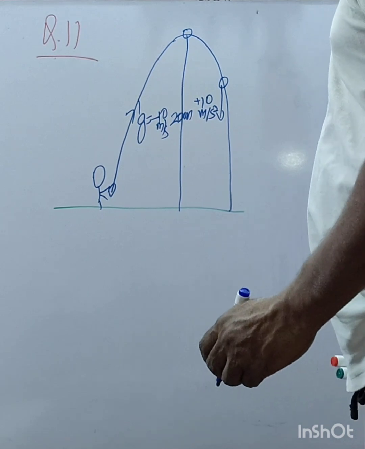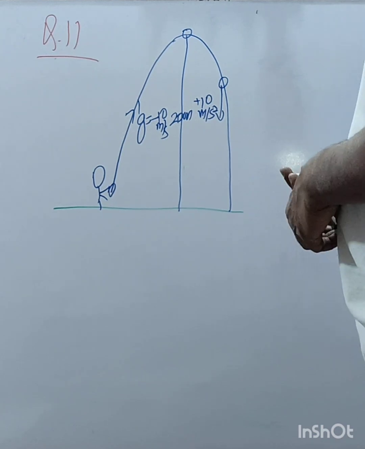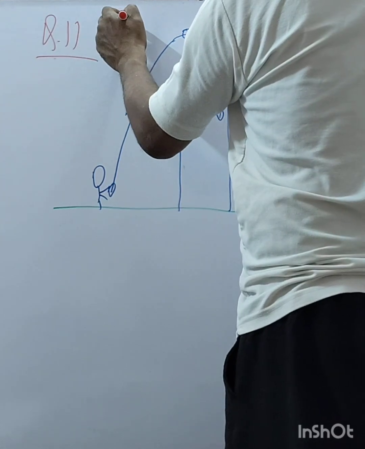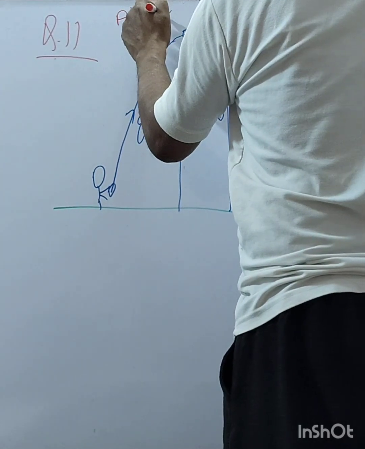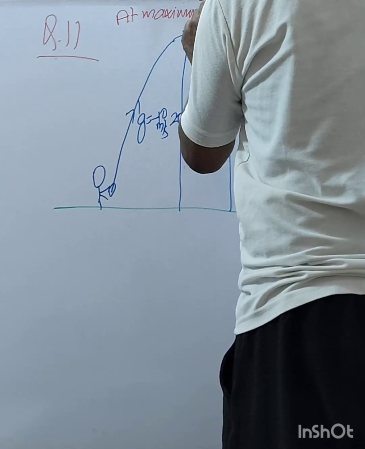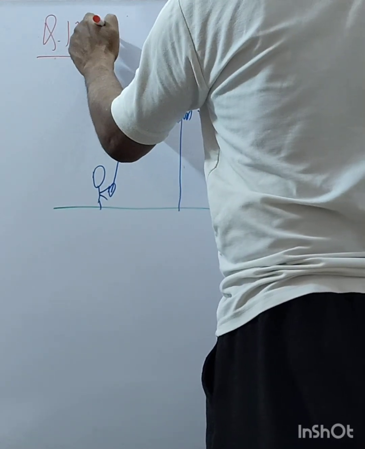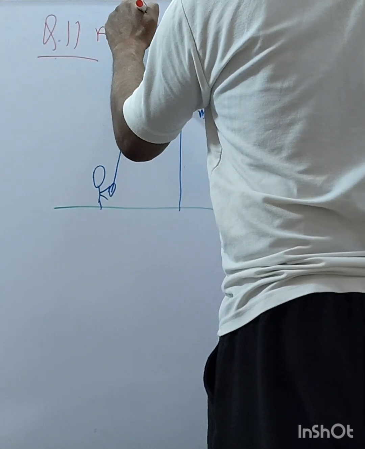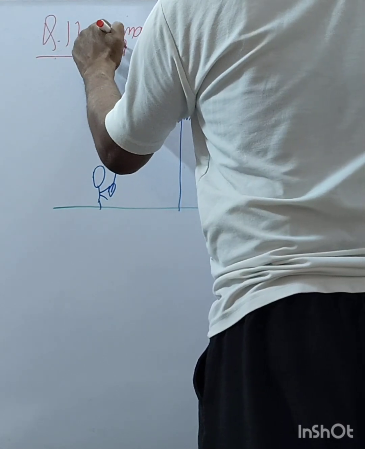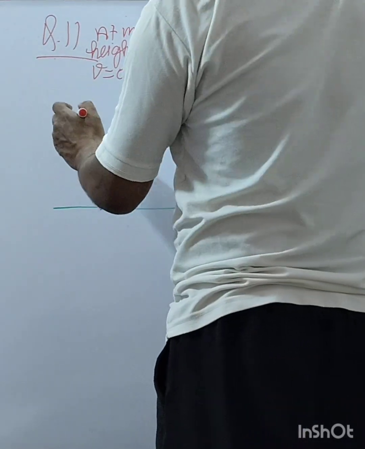Then what next do you have? The B part: calculate the initial velocity of the ball. So at maximum height, V is equal to 0.